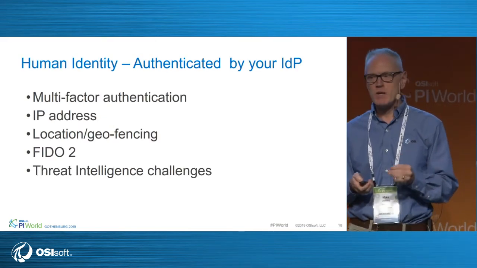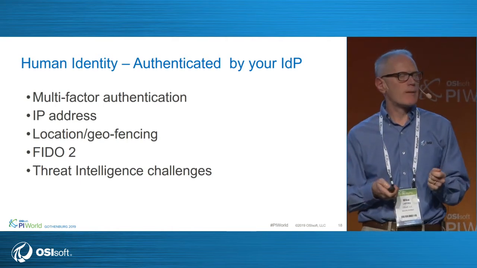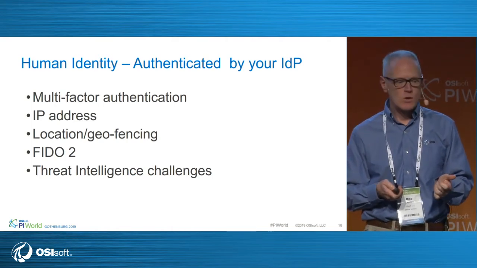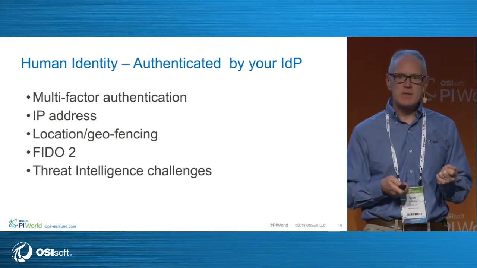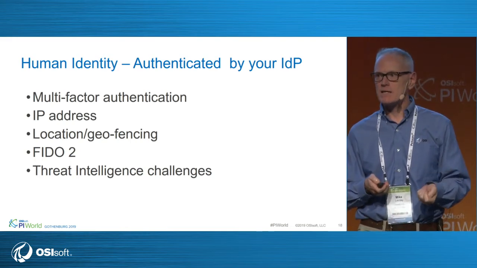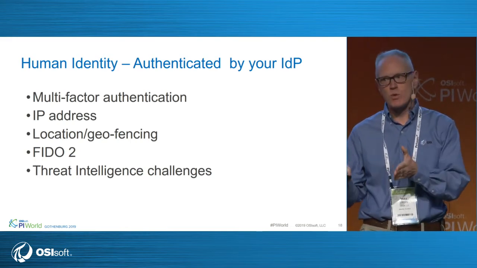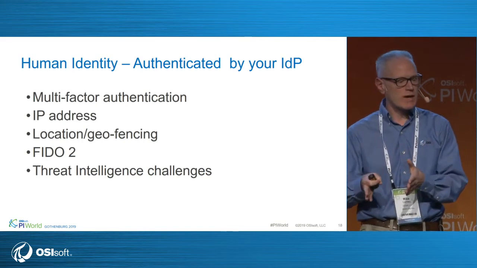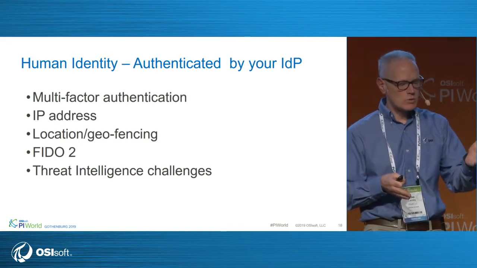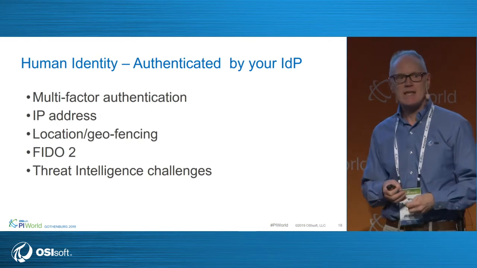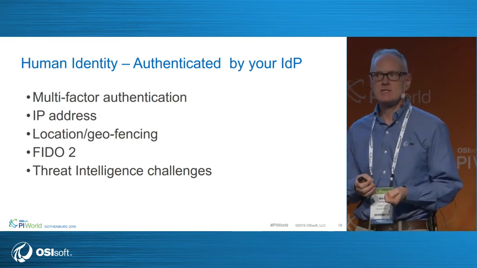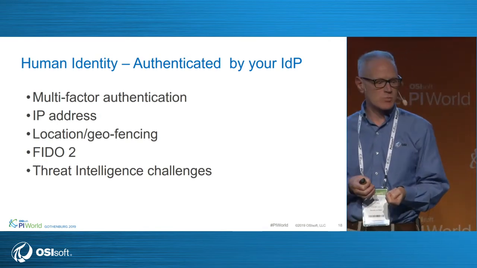Now with human identity, the approach that we're using within OCS is to be authenticated by your identity provider. We federate to your identity provider. Because we do that, we are able to give you an architecture which allows you to leverage the latest in industry standards for authentication processes.